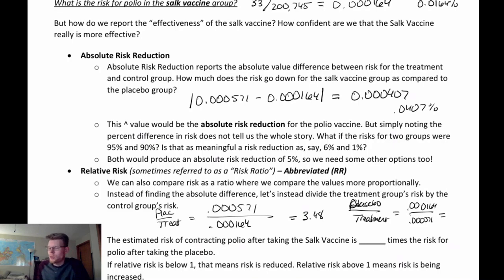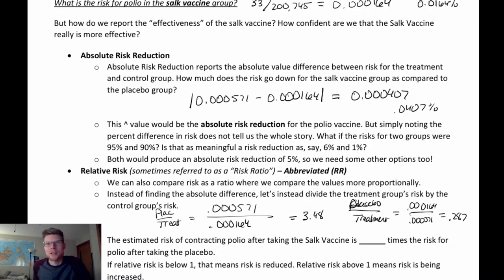And this value is instead going to be 0.287.